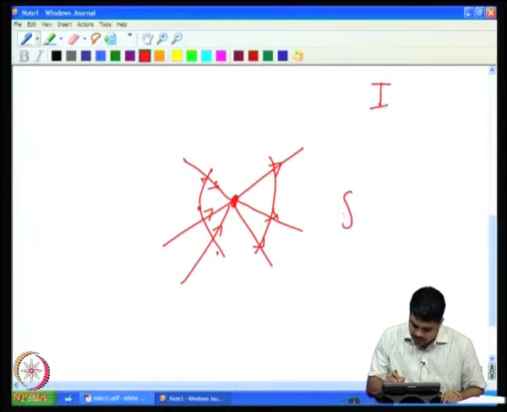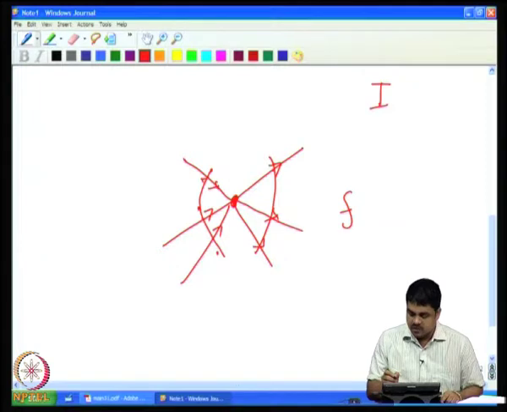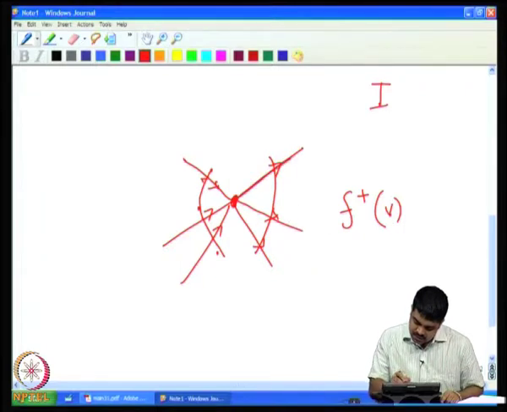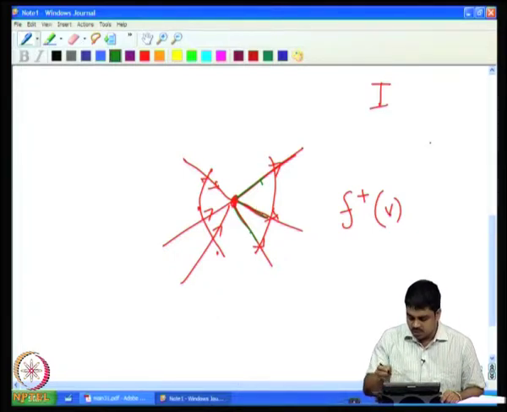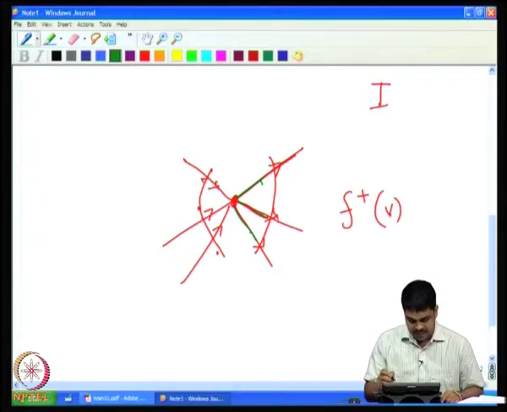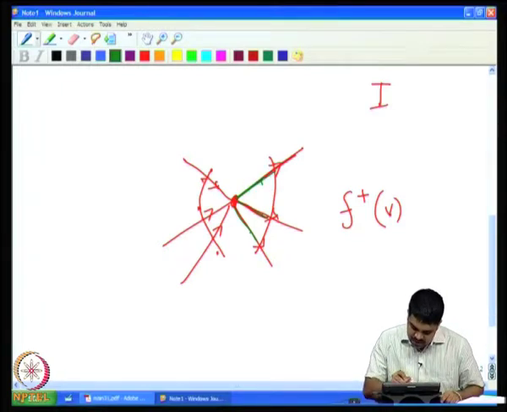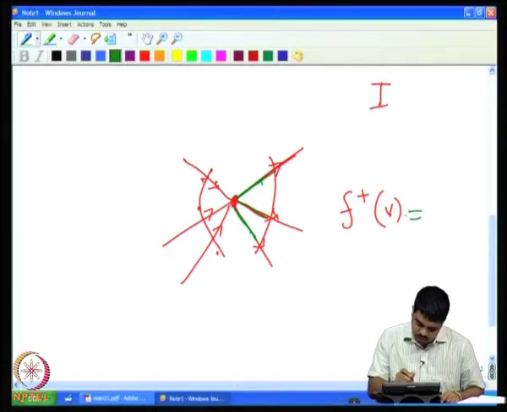So, when we say f, that f is the real valued function which is the flow, it should satisfy f plus of v, where f plus indicates the sum of the flow values on the outgoing edges. So, whenever we say a function on a set, that means you sum up the values of the function for all the members of that set. In this case, edges are the members, and here f plus means the members are essentially the outgoing edges of the vertex, and we sum up this thing. This should be equal to this one.